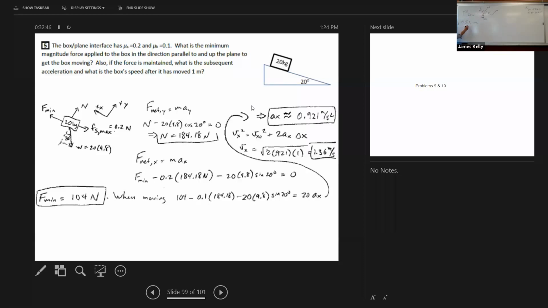We want 2 times 9.8 times the cosine of 20 degrees. And those I add to 0 because it's just sitting there. Nothing's accelerating, so ax is certainly 0. And so, yes, it's the sine. Thank you. Right, we're looking for across the angle there. We're looking for this side. Thank you. And then I can solve for Fs.